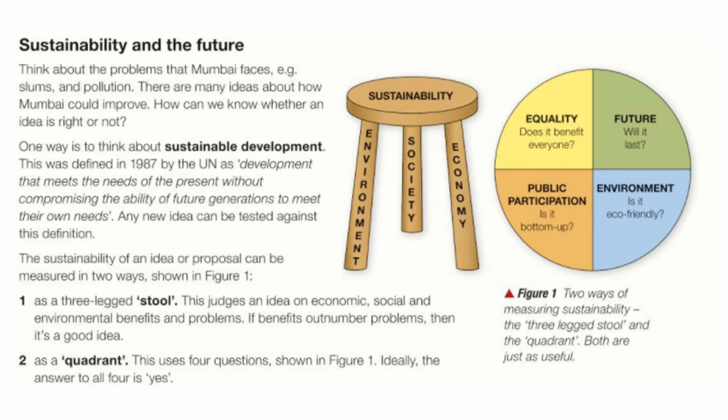So to be extremely sustainable, you really need to look at all three of these different strategies and all three of these different elements of life. So that's really, really important. Looking at sustainability, you have to consider the environment, you have to consider people in society, and you have to consider the economy. So that's just a little refresher.